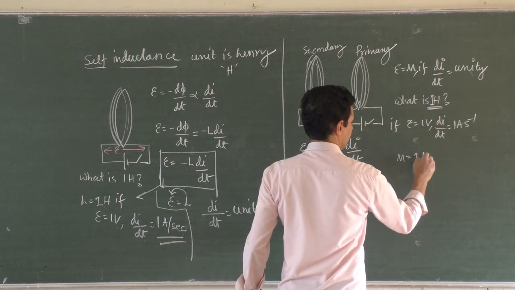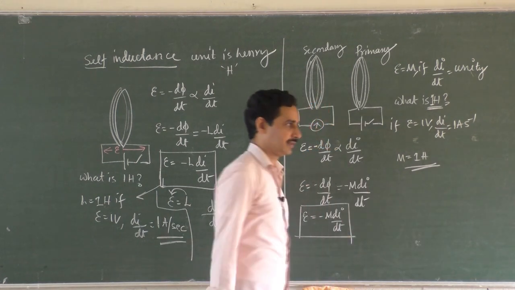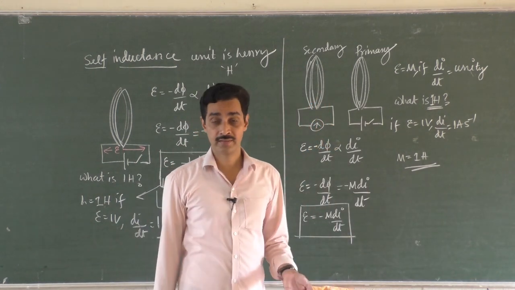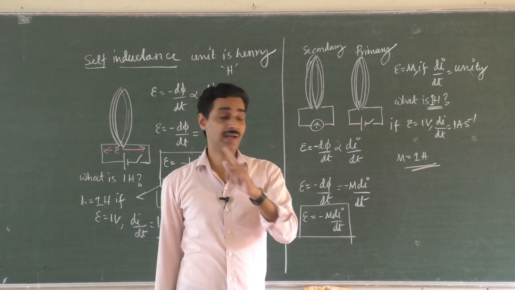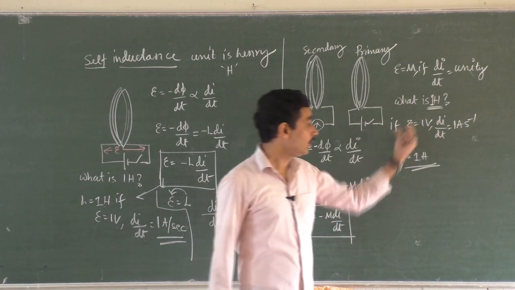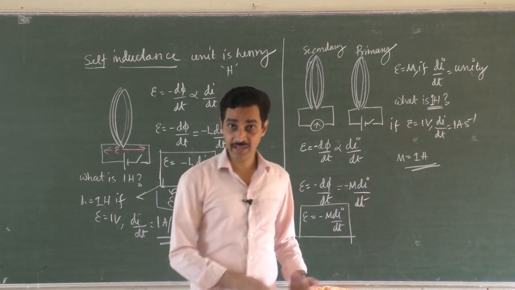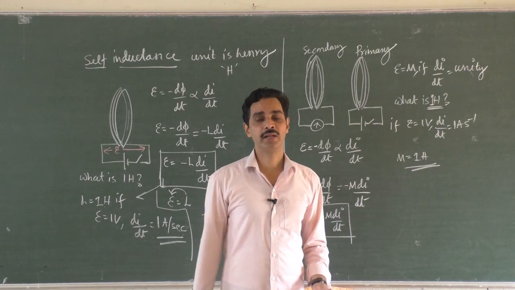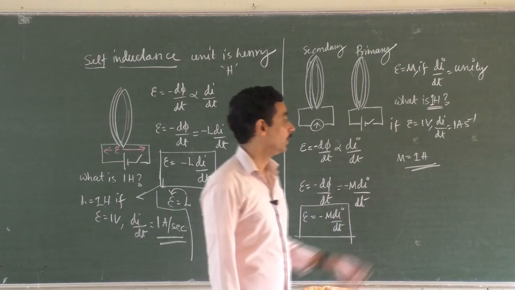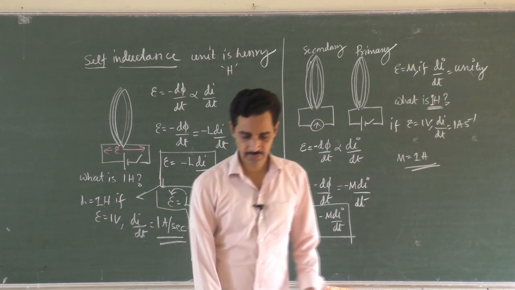So define 1 Henry as the mutual inductance. For a pair of coils, mutual inductance will be 1 Henry if 1 volt of EMF is induced in the secondary coil when the current in the primary coil changes at a rate of 1 ampere per second. Did you get it?